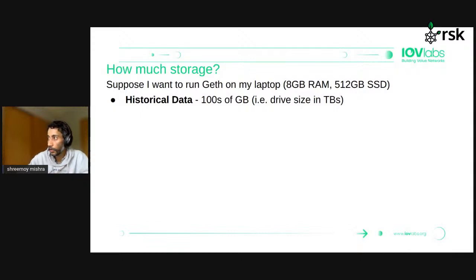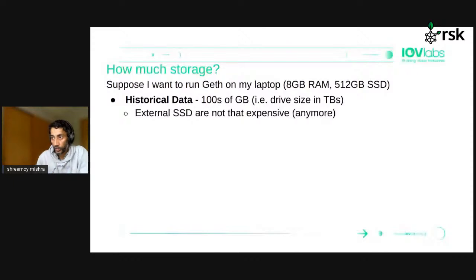So naturally, that SSD is not big enough to store all of historical data. Bitcoin history is about 550 GB. Ethereum is much more. Right? But that's not a big problem because external drives are not that expensive anymore. You can get an external drive with 2 terabytes SSD for about $100, a little bit more. So that problem is not a big one. Historical data, we can store that.